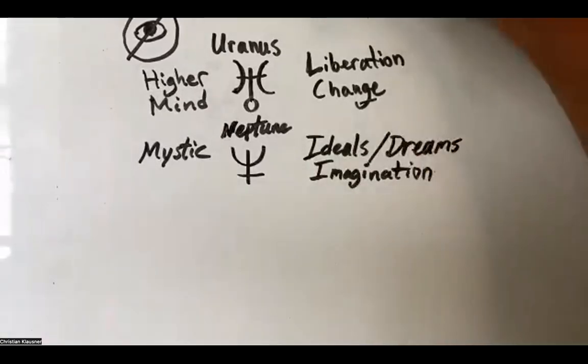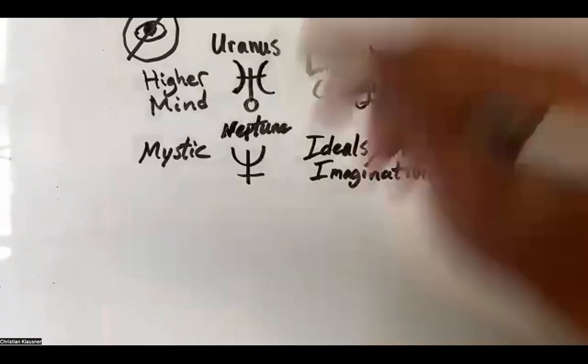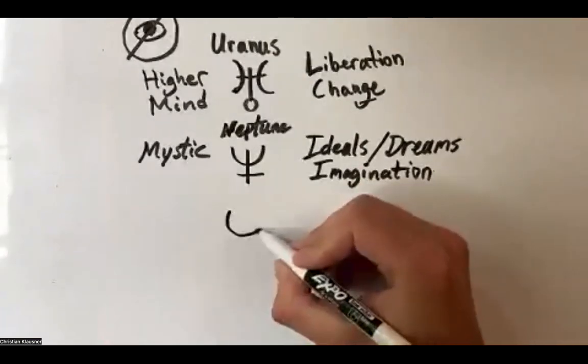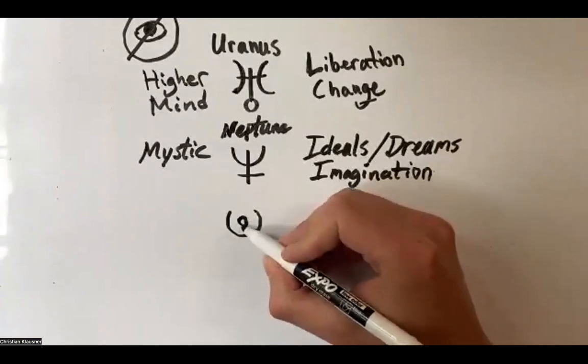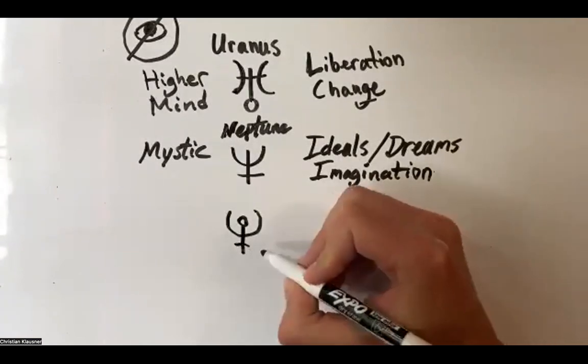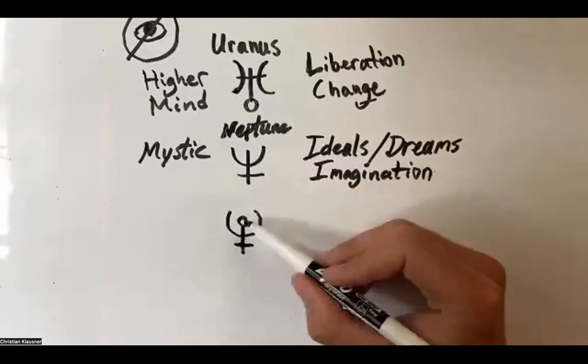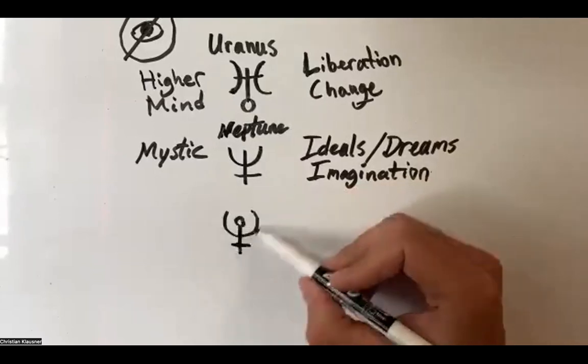Next, we have Pluto. So there's two symbols we can use for Pluto. The first one looks something like this. We've got the crescent, and then we have a circle in the middle. Boom. So this relates to the seed and the flower.